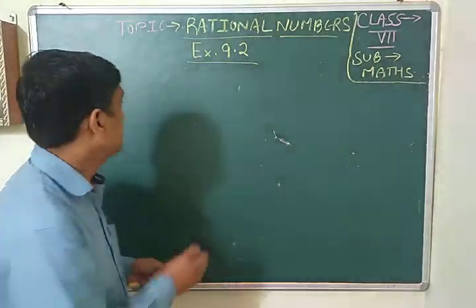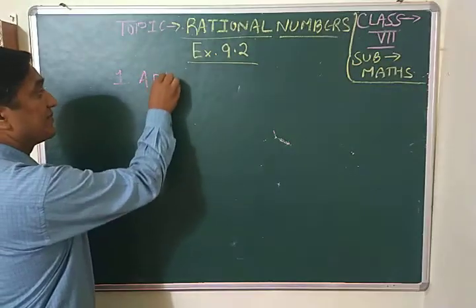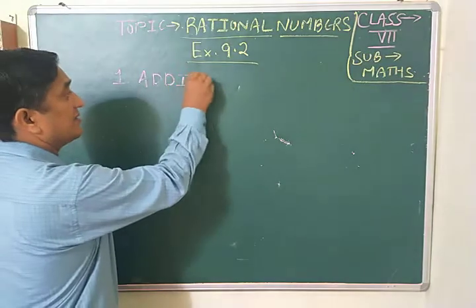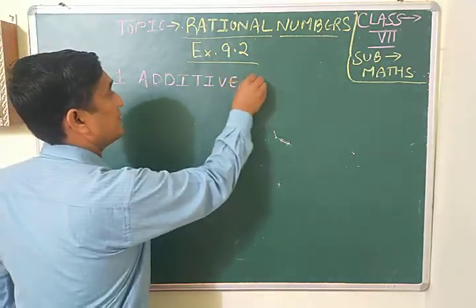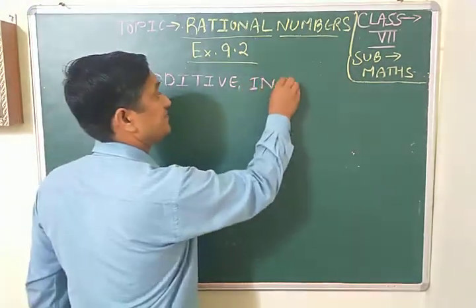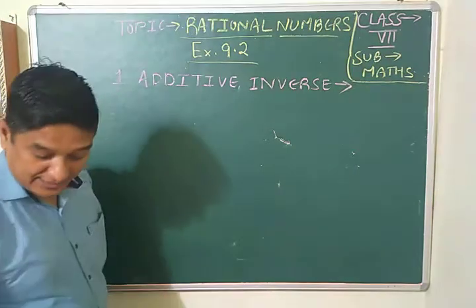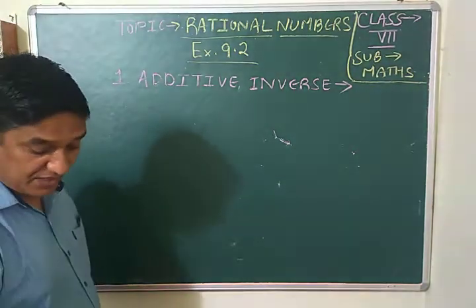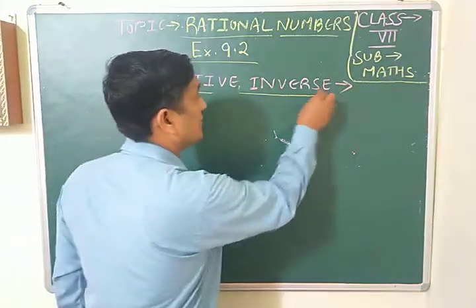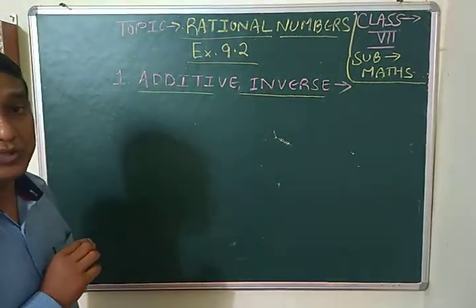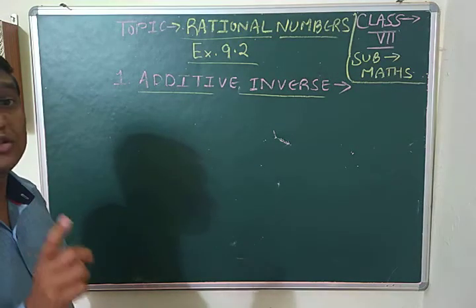Number one is additive inverse. Additive inverse means, children, if we add any two rational numbers, their sum is 0.